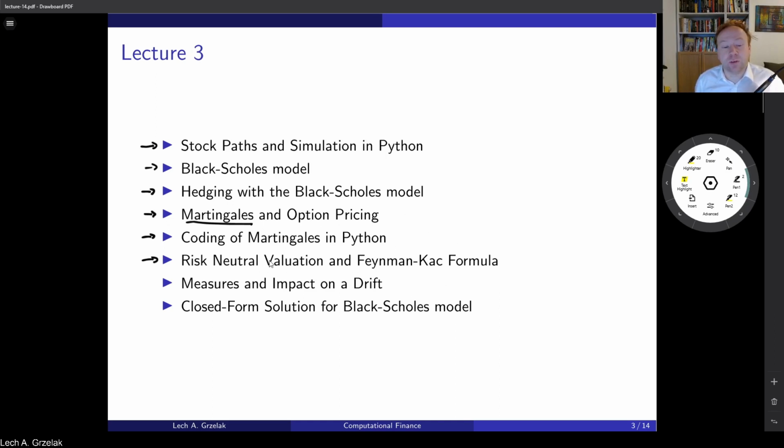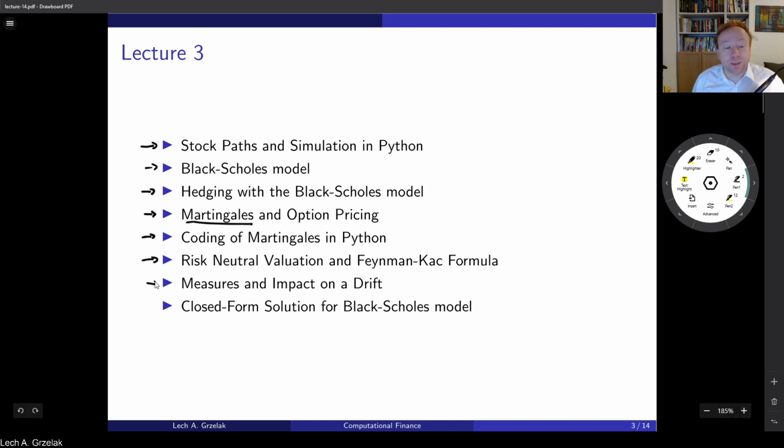This theorem allows us to not only solve a PDE using partial differential equation techniques, but also to simulate a stochastic differential equation, calculate the expected value of the future payoff, and then discount today. So this relation is super important for everyone dealing in computational finance.